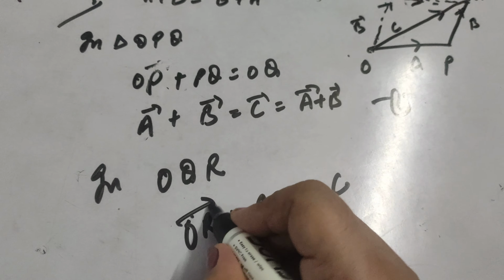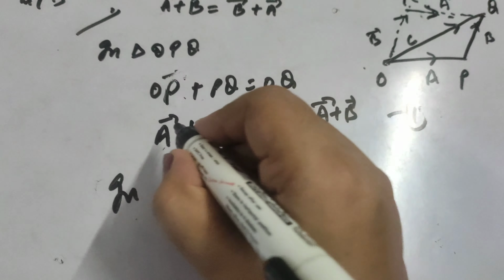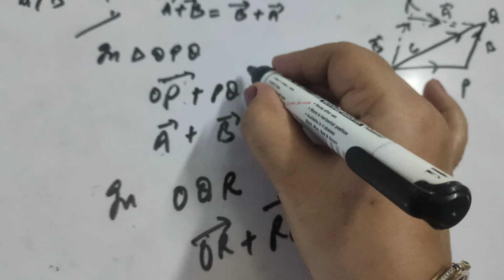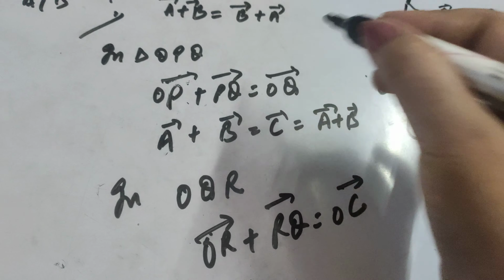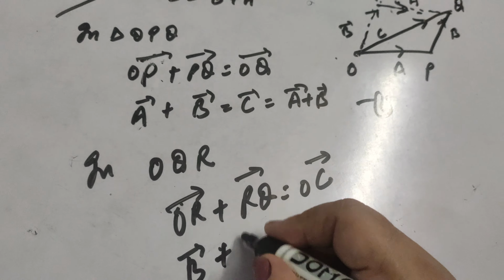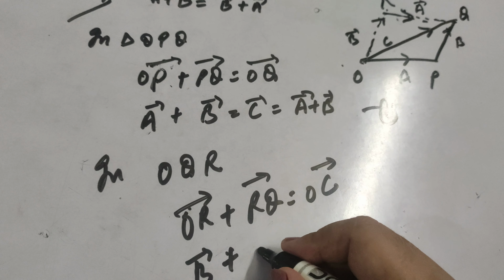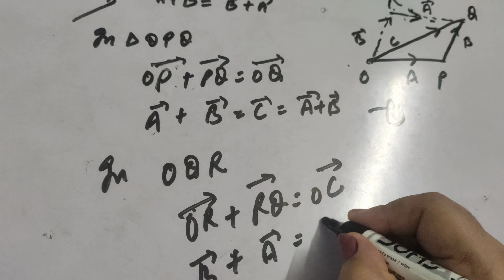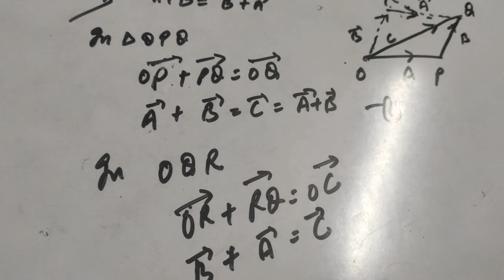We can put the arrows also, because these line segments are representing the vectors, so we will put the arrows. Now OR is B vector plus A vector is equal to C vector, right?